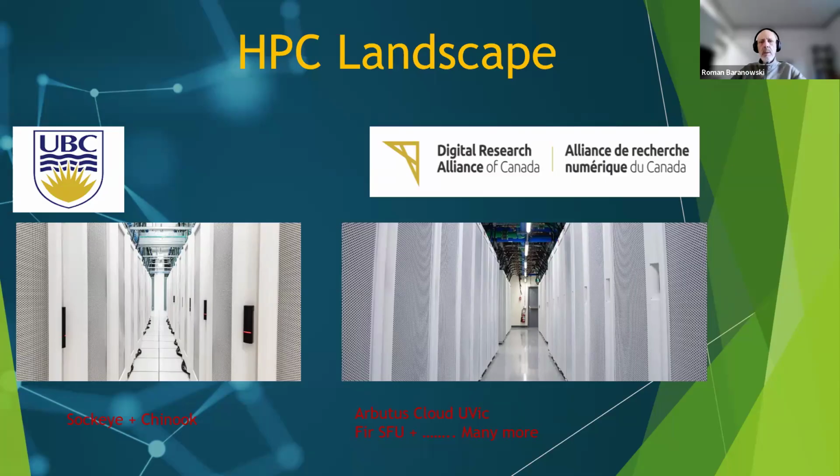The only difference between accessing UBC systems and Alliance systems is that UBC is tied to the campus-wide login. In order to have an account, you have to have a valid campus-wide login, and your sponsor, your PI, your thesis supervisor, the person you're working with, applies for the account and sponsors it. The Alliance operates a slightly different identity management, but the process is very similar.